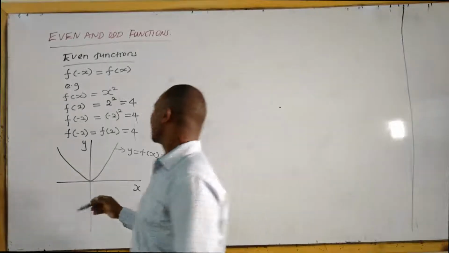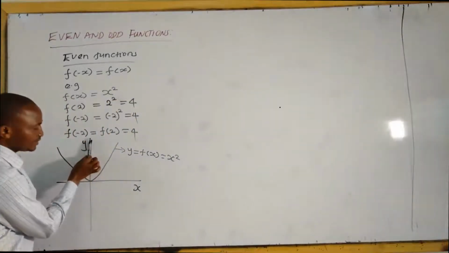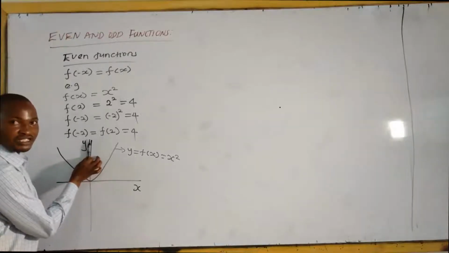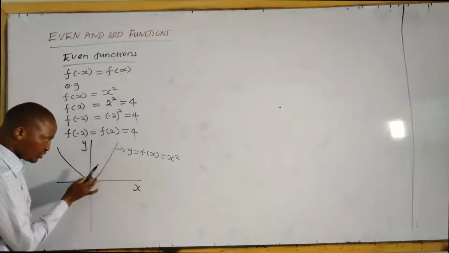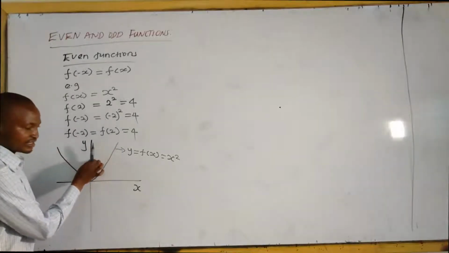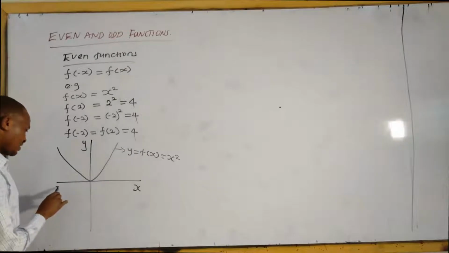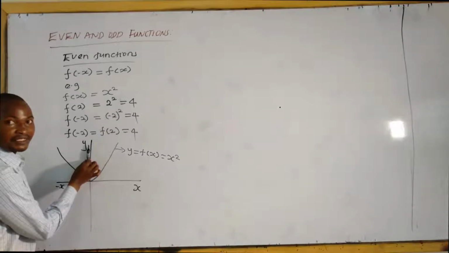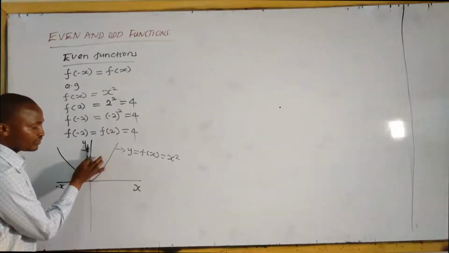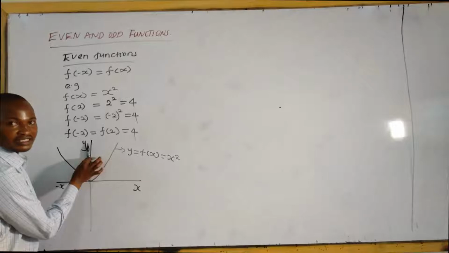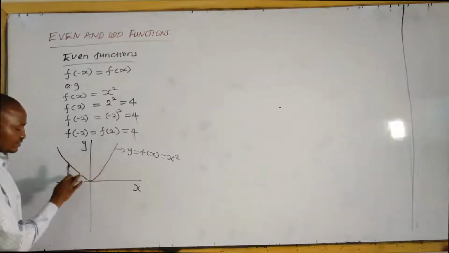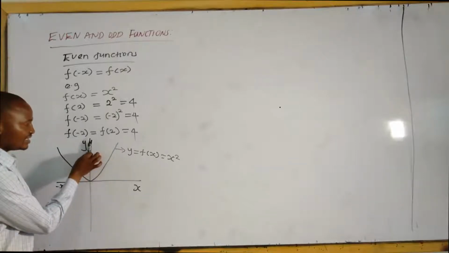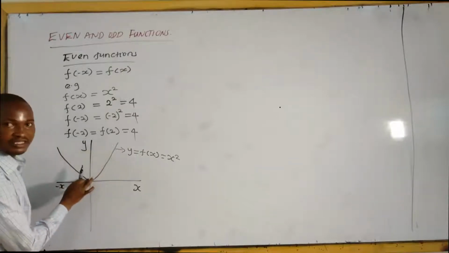In other words, if you put a mirror here on the y-axis, the image of this portion, which is on the positive side of the x-axis, will be on the negative side of the x-axis. So this line, its image inside the mirror will be this line.